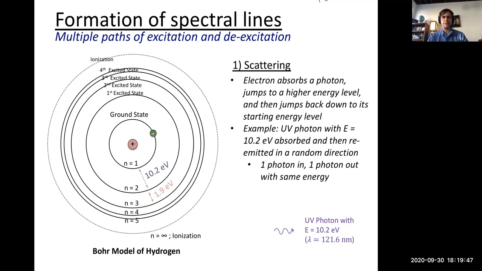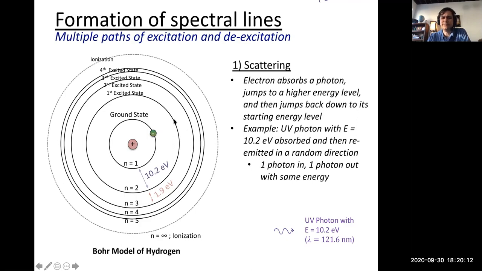Kind of like if you have a bunch of pool balls on a table and you ram the cue ball into it, all the pool balls scatter. They shoot off in different directions. And notice now we had one photon in, one photon out. So that's one way. We could do the same thing if we send in a red photon, 1.9 electron volts. It would find a hydrogen atom that has this electron in the first excited state.